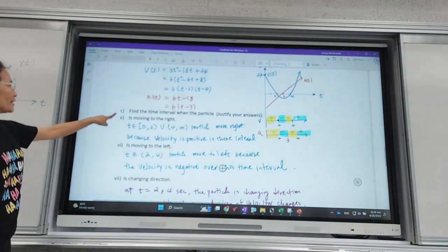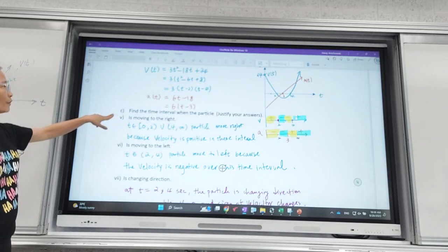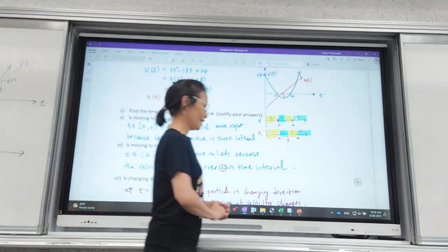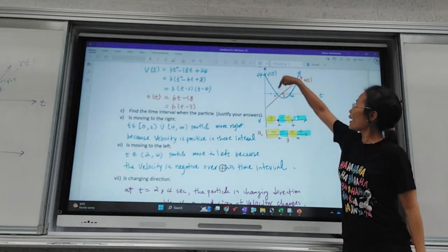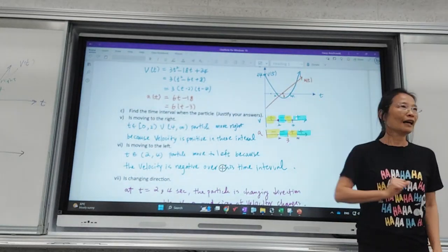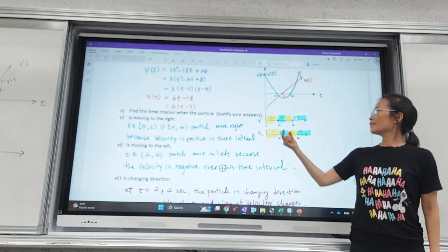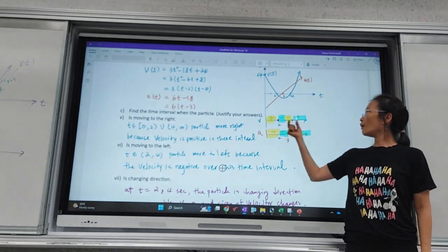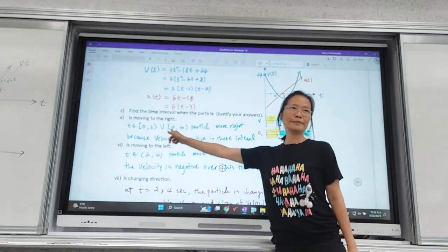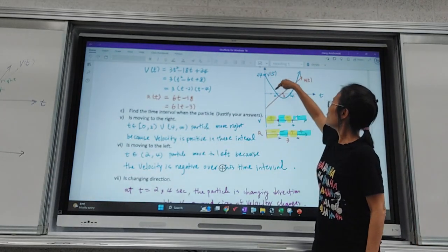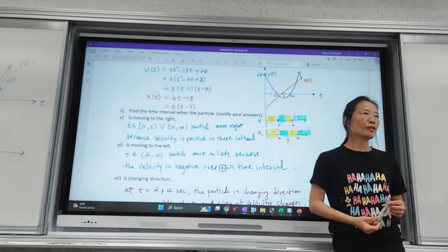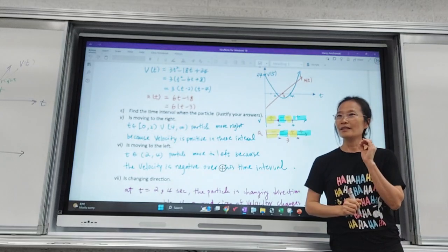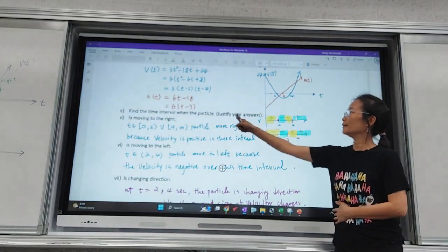So part C, find the time interval when the particle is moving to the right. Okay, so see the positive part here? On the interval from 0 to 2, also 4 to infinity, isn't the velocity positive? The particle is moving to the right. This is not a complete answer. You need to justify.